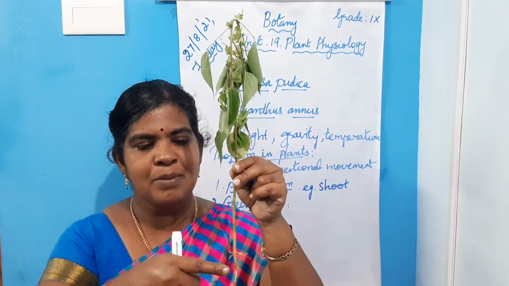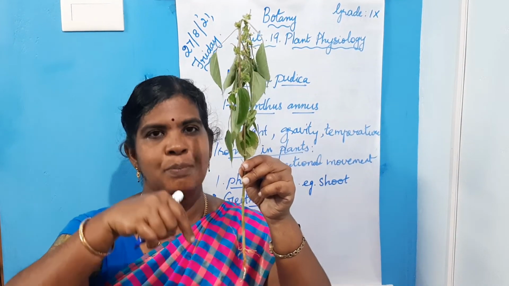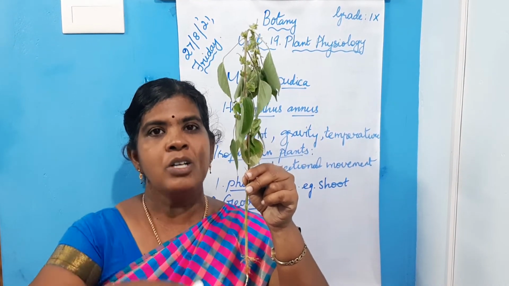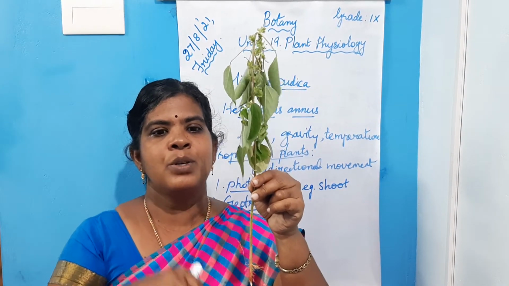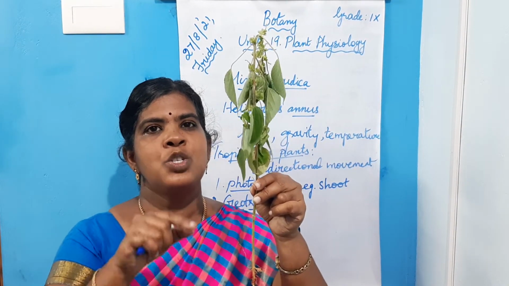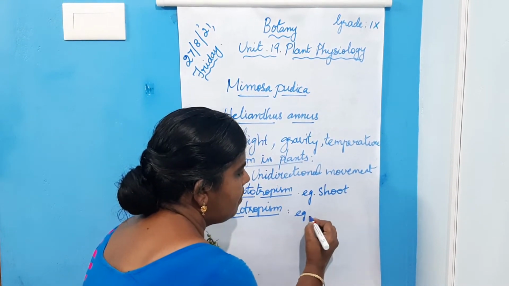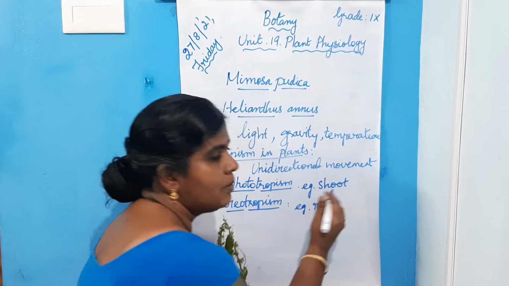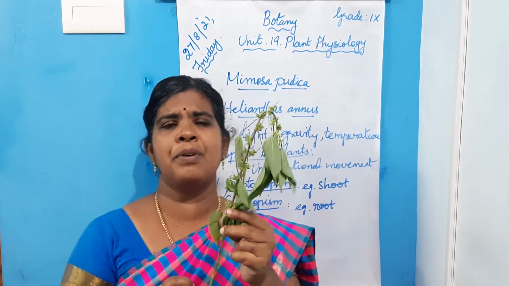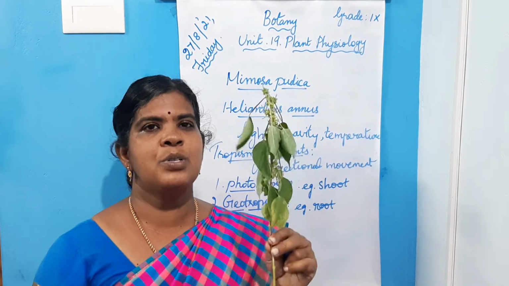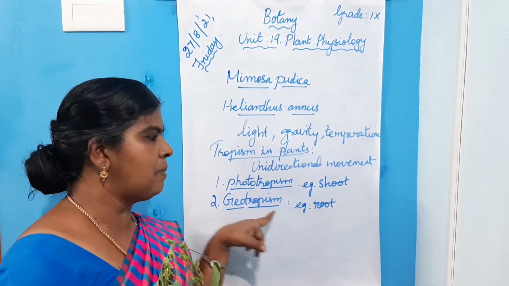Root system. The root system always grows below the soil level, towards gravity. So, movement of a plant in response to gravity is called geotropism. Example, root of a plant.